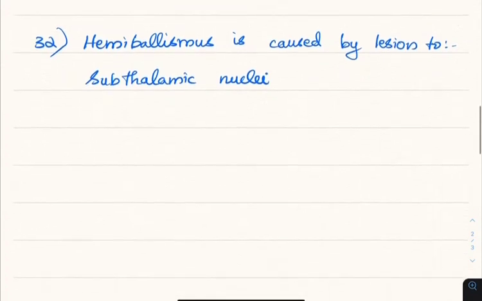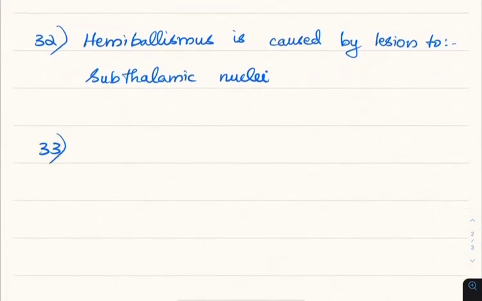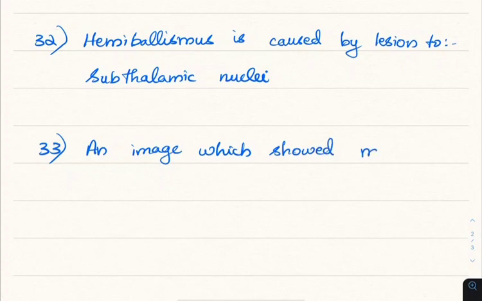Okay. The next question is an image was shown which showed the muscles of the lower limb. The diagram was showing the muscles of the lower limb, but the muscles were not mentioned.